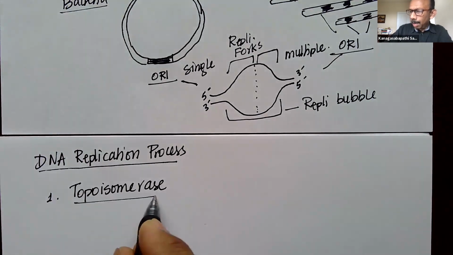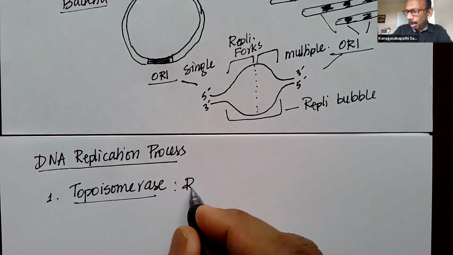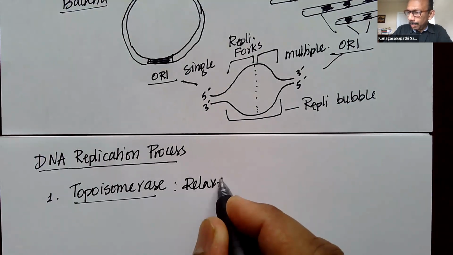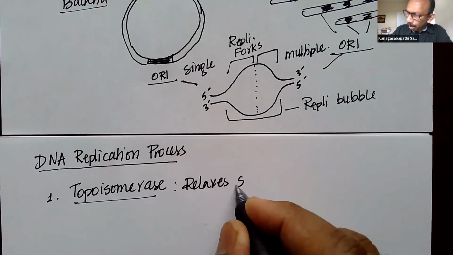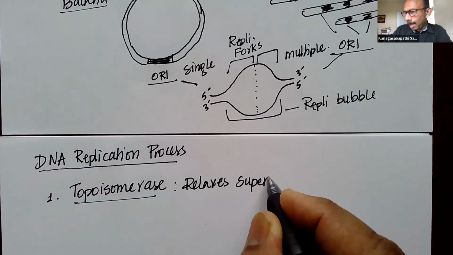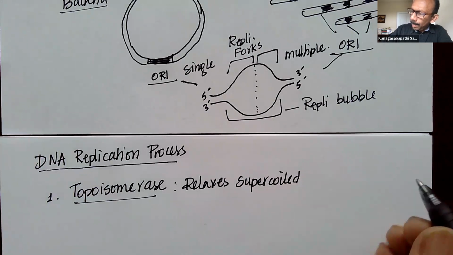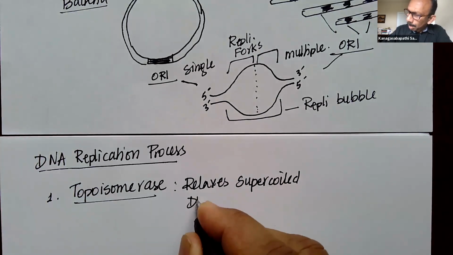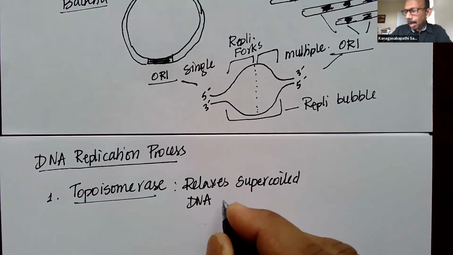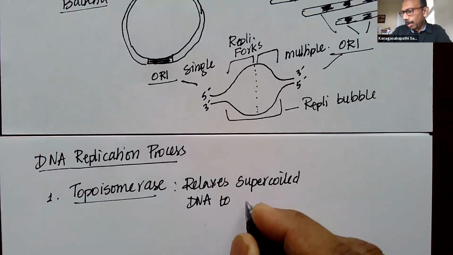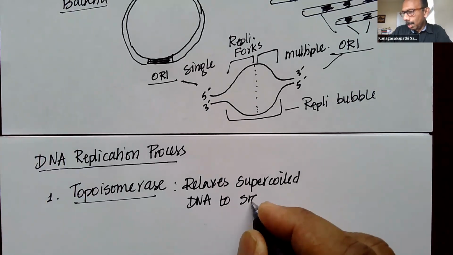Okay, the topoisomerase relaxes supercoiled DNA to start replication.